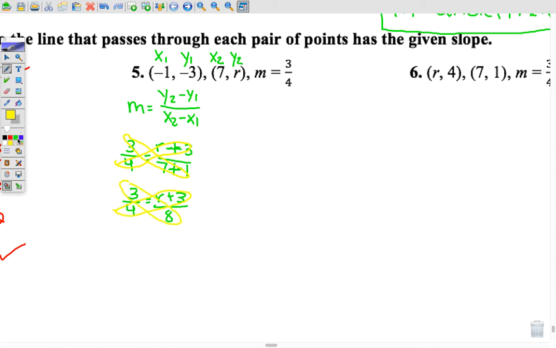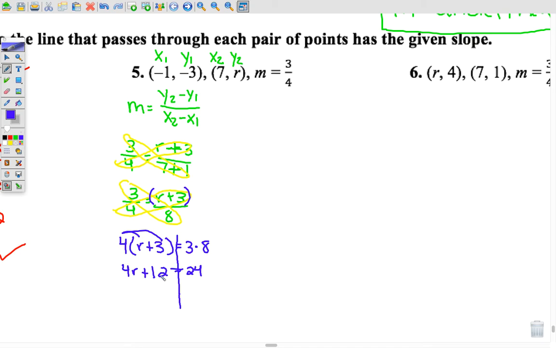So whenever we cross multiply, we have 4 times. When you have more than one thing up here, make sure you put it in parentheses. Okay, so you want this little r plus 3 to be in parentheses, is equal to 3 times 8. Distribute your 4 to everything inside. And if you need to draw your line, if that helps you. So you have 4 times r plus 4 times 3 is 12 is equal to 3 times 8 is 24.